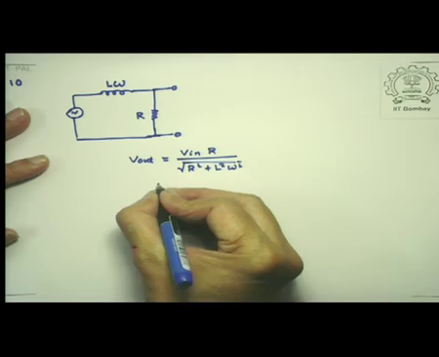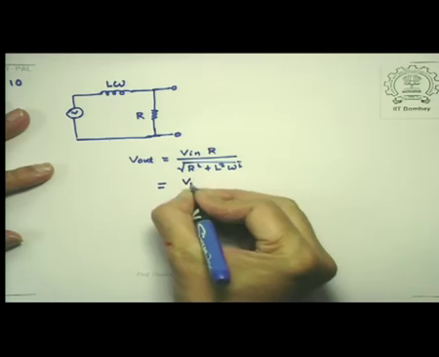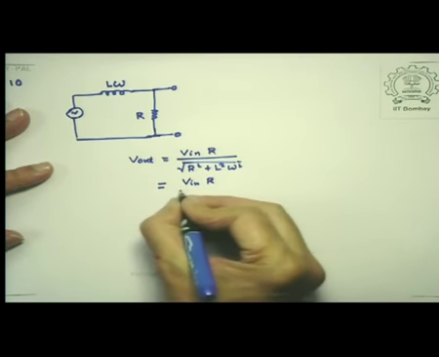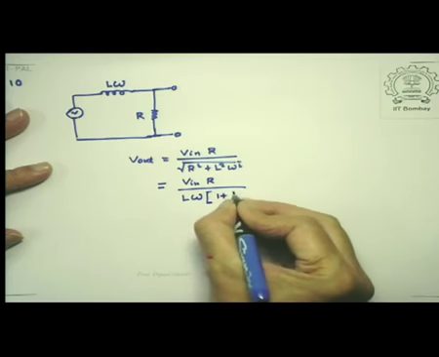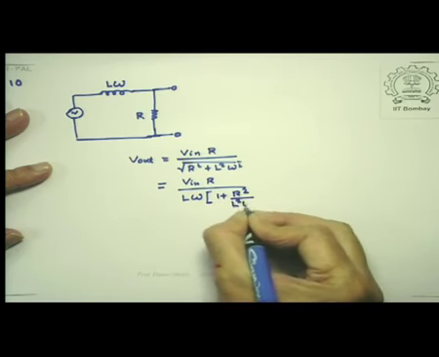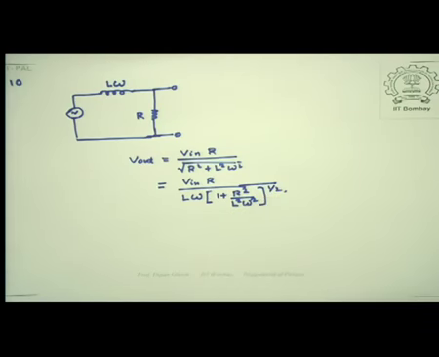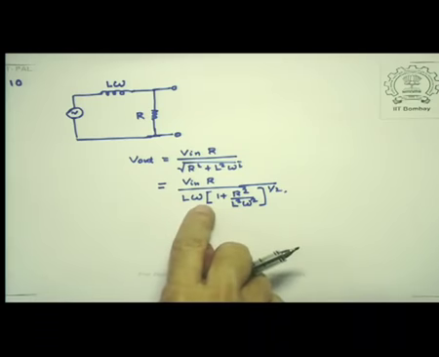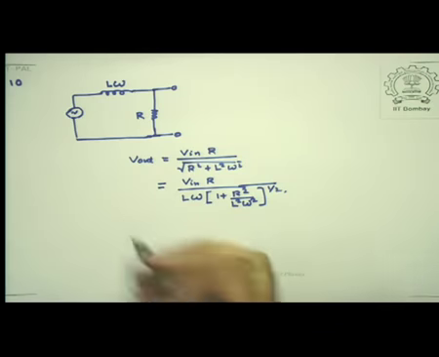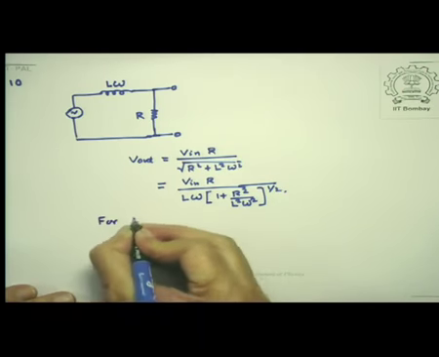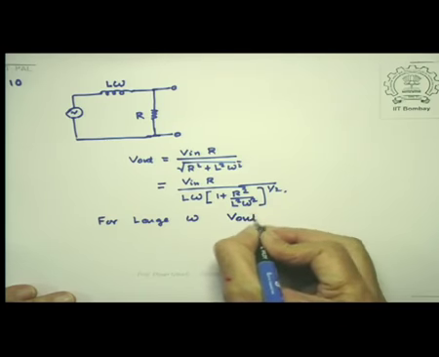And you see what happens in this case if my L omega is large. So I have V in R divided by L omega into 1 plus R square by L square omega square to the power half. For large omega, V out decreases.